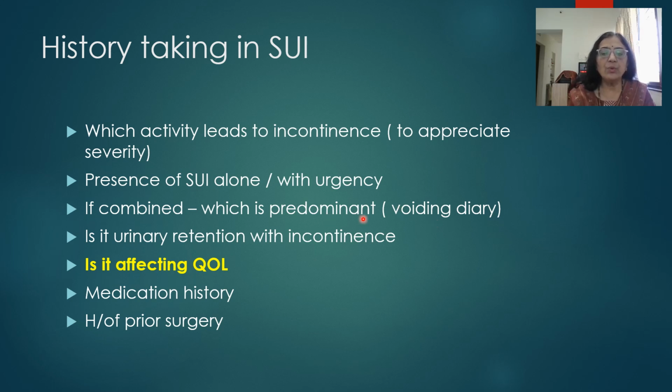So in all these 4 columns, this voiding diary is to be maintained by the patient for 2 to 3 days, which helps us greatly to decide, in a case of combined incontinence, whether stress urinary incontinence or urgency incontinence is predominant.